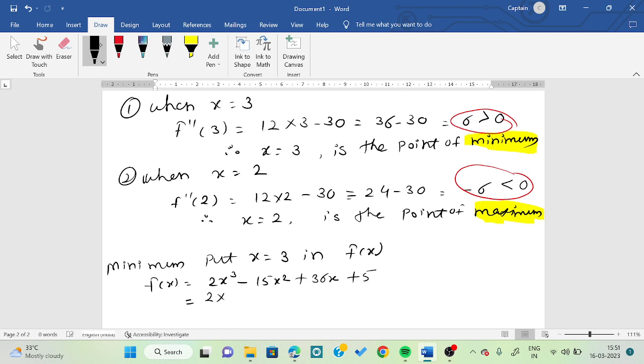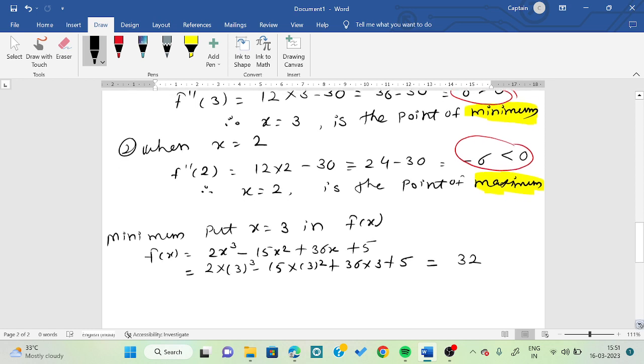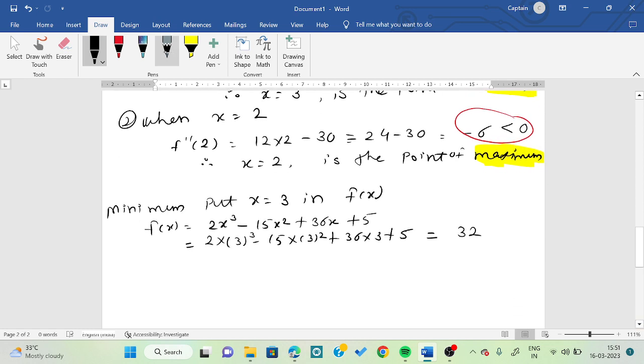So 2 into 3 cube minus 15 into 3 square plus 36 into 3 plus 5. If you calculate all this, you will get the answer as 32. If I am putting x is equal to 3, I am getting the value of function as 32.